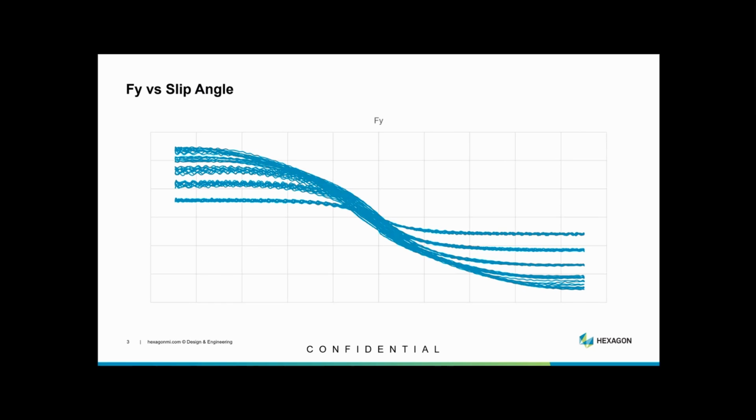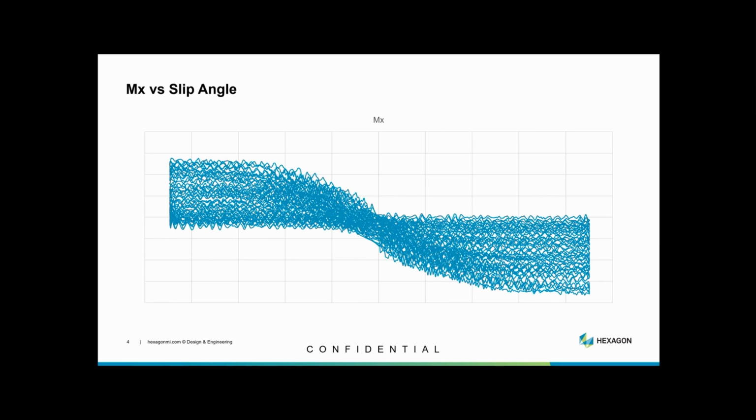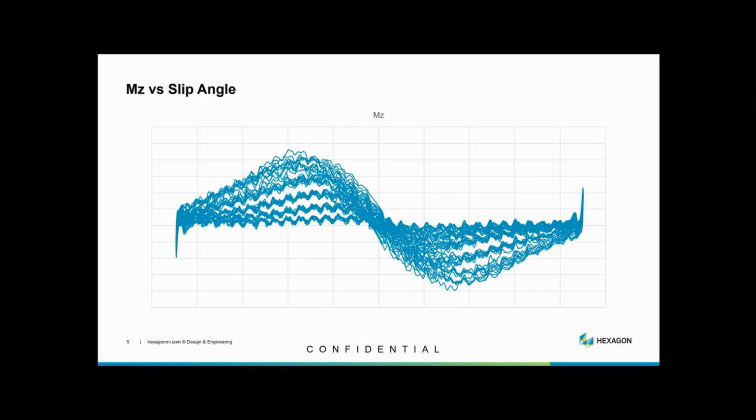It is super noisy, so it's not easy to fit this kind of data to get your actual tire. You can see this is the lateral force versus the slip angle. This is the overturning moment versus the slip angle. And this is the aligning moment versus slip angle. Now, this is obviously very noisy, and to draw a line through this is going to be super hard.